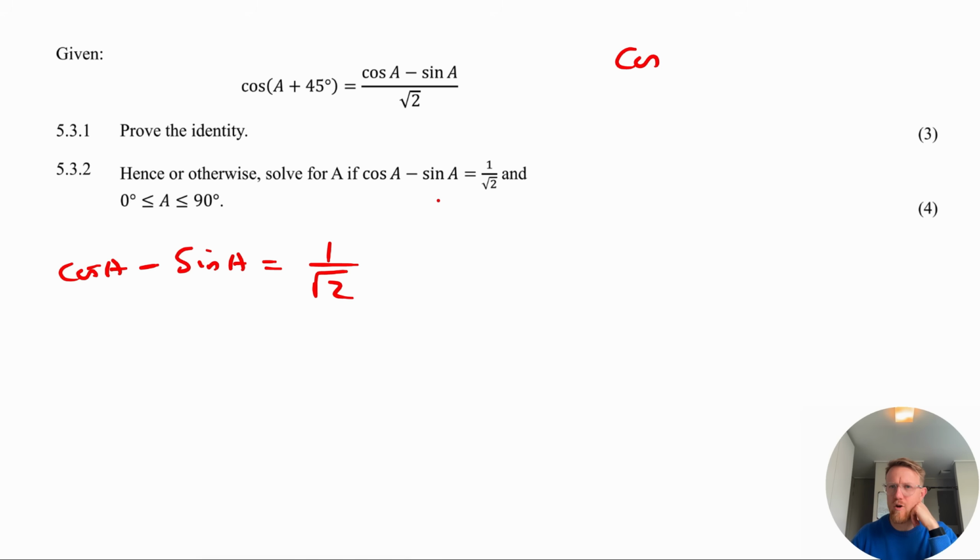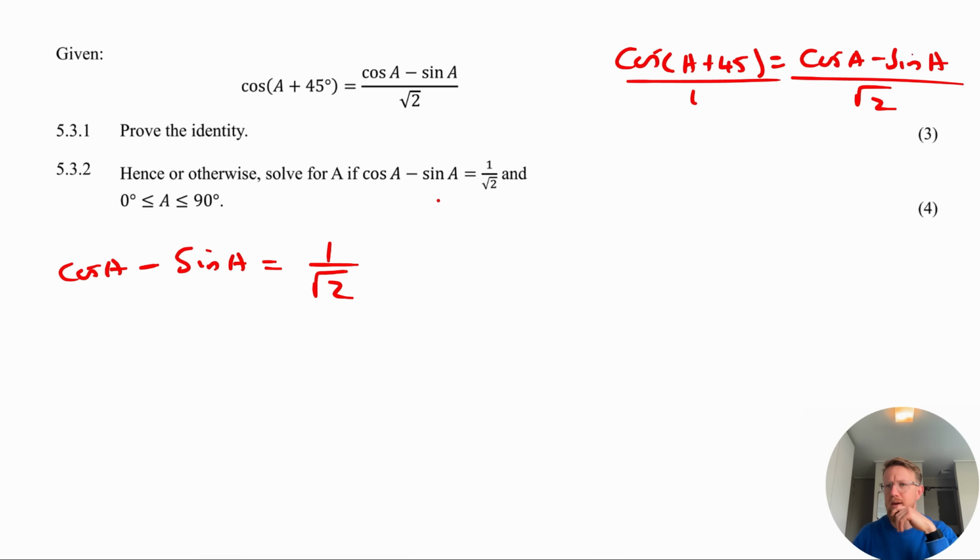So if you have cos A plus 45 equals cos A minus sine A, and that's all over square root 2, we can multiply this across. So we would end up with square root 2 cos A plus 45 equals cos A minus sine A.